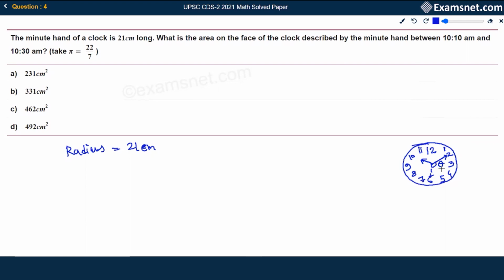Okay. Now when the minute hand moves from 10 minutes to 30 minutes, it makes theta angle at the center. Now we know for the minute hand to go around the entire clock, it takes 60 minutes. That means in 60 minutes, it makes 360 degree angle at the center.